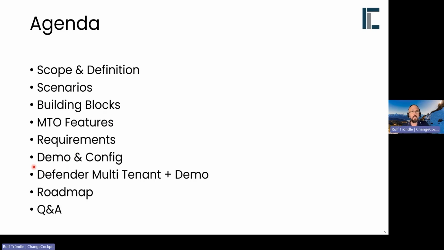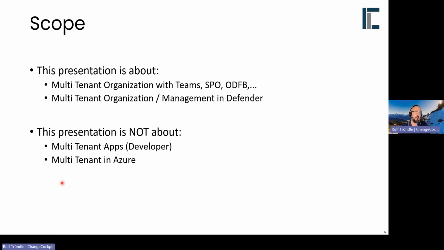And then we will switch from the multi-tenant of the collaboration part in Microsoft 365 to Defender multi-tenant, including a quick demonstration. Then just some small notes about roadmap. It wouldn't be a Change Cockpit deep dive if there wouldn't be a roadmap. And Q&A is only in the live session, but regarding this, just drop me a line if you have any questions about this. First of all, scope.